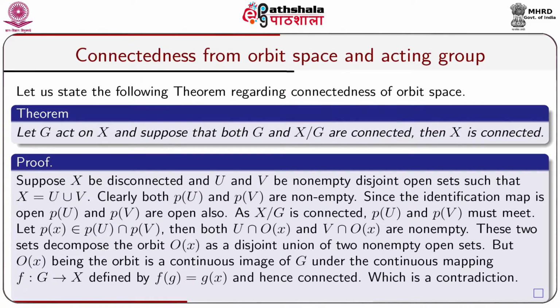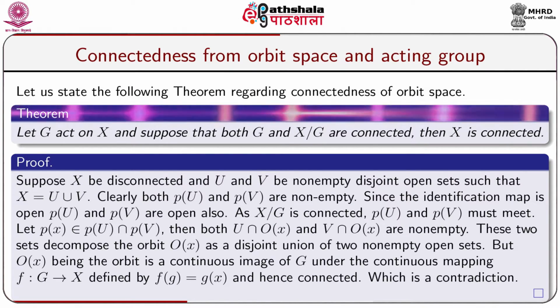Next, I shall prove one theorem regarding connectedness of a space depending on the connectedness of the topological group and the connectedness of the orbit space. This theorem will be required for our future purpose.